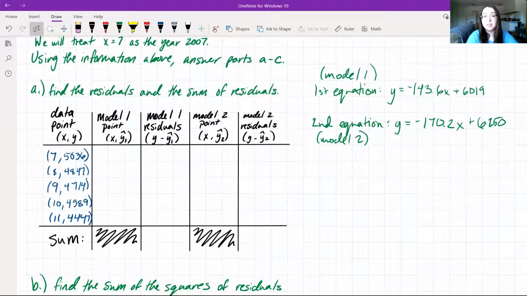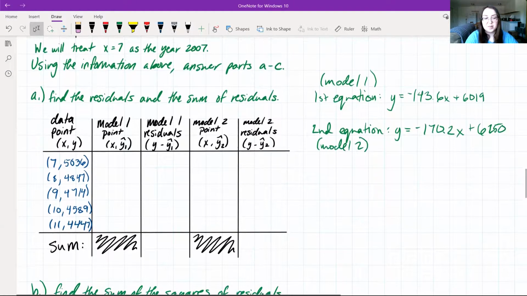Remember that our x values will be the exact same. So we're just replacing these x values, and then we're finding our y values. So I invite you to take a moment and calculate these on your own. It is a little bit of calculation, but it shouldn't take too long. So feel free to pause anytime.